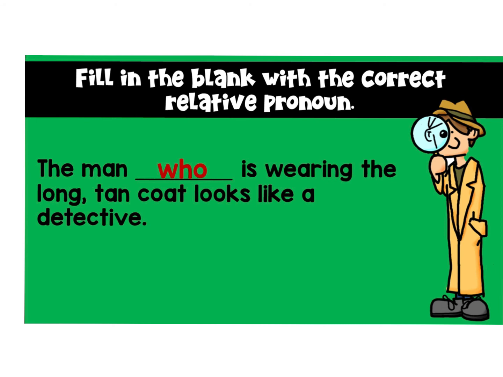The man whom is wearing the long tan coat looks like a detective? No. The man who is wearing the long tan coat looks like a detective. Because if we changed it, we could say the man looks like he is a detective. The man looks like him is a detective? No. He would work better, so we would use who.